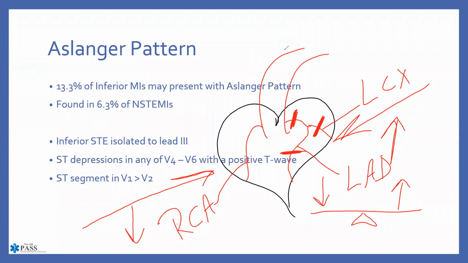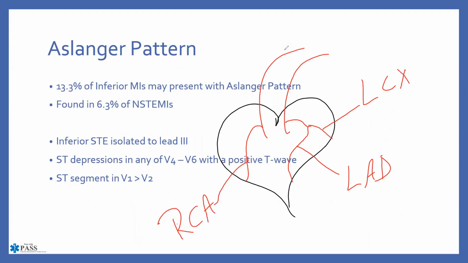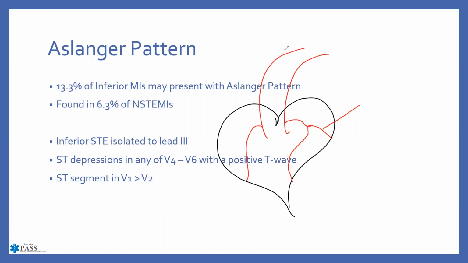So I'm going to clear these drawings out to make this a little bit more clean. Okay, so the inferior wall is down here, right? The bottom portion. And there are two different vessels that feed that inferior wall.